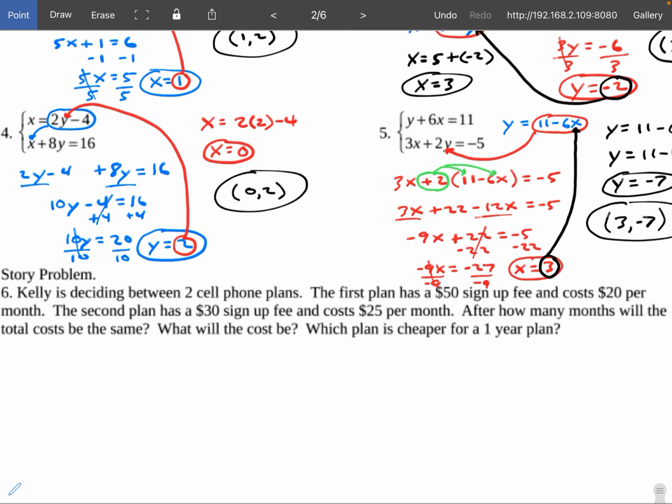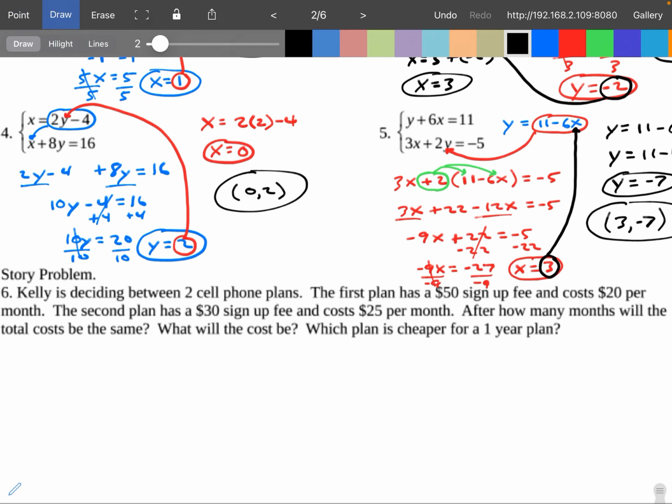All right, so this one, there's 2 cell phone plans. The first plan is $50 to sign up and then $20 per month. So what's the slope, the 20 or the 50? It says you pay $50 to sign up and then $20 per month. Rachel? Which one's the slope, the 20 or the 50? Oh, the 20.